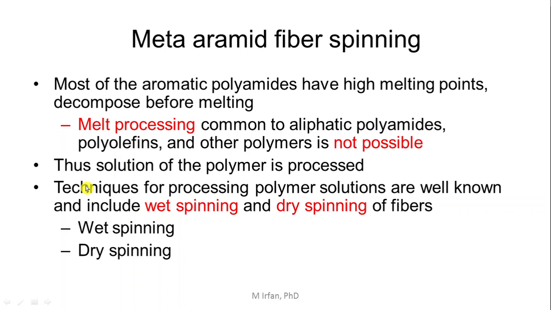The techniques which are used to make fibers from meta-aramid solutions are the wet spinning technique and the dry spinning technique. The fiber can be formed either through wet spinning or dry spinning.